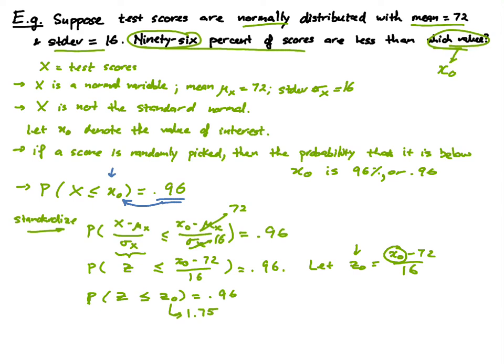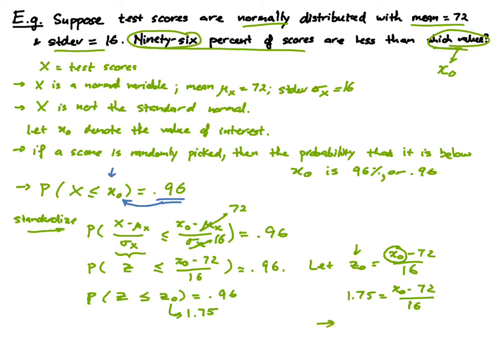So in order to find X sub 0, we just need to replace z sub 0 by 1.75. In other words, 1.75 is equal to X sub 0 minus 72 divided by 16.